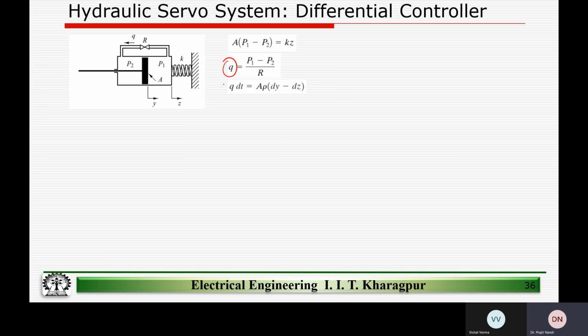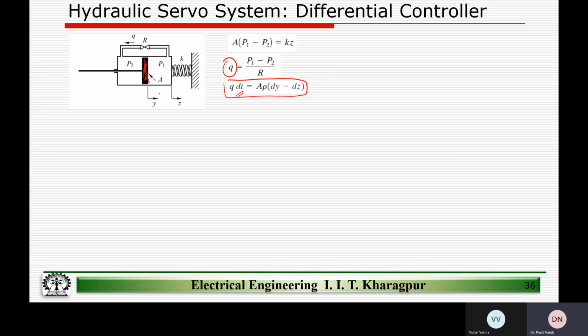Now if we equate the volume movement of the liquid: the flow rate is Q, and say we apply a force such that the piston moves for a very small duration delta T. The flow rate multiplied by the incremental time equals the amount of fluid displaced, which is the piston area A multiplied by dy minus dz.